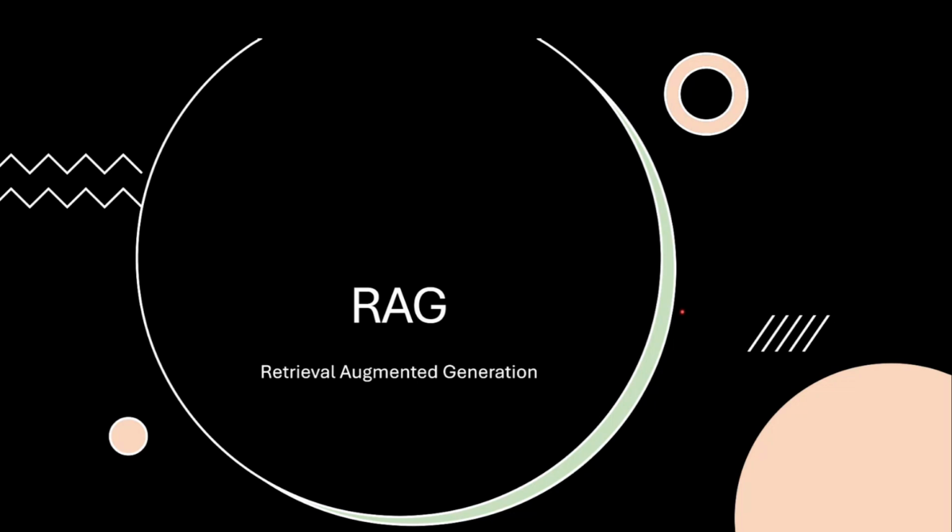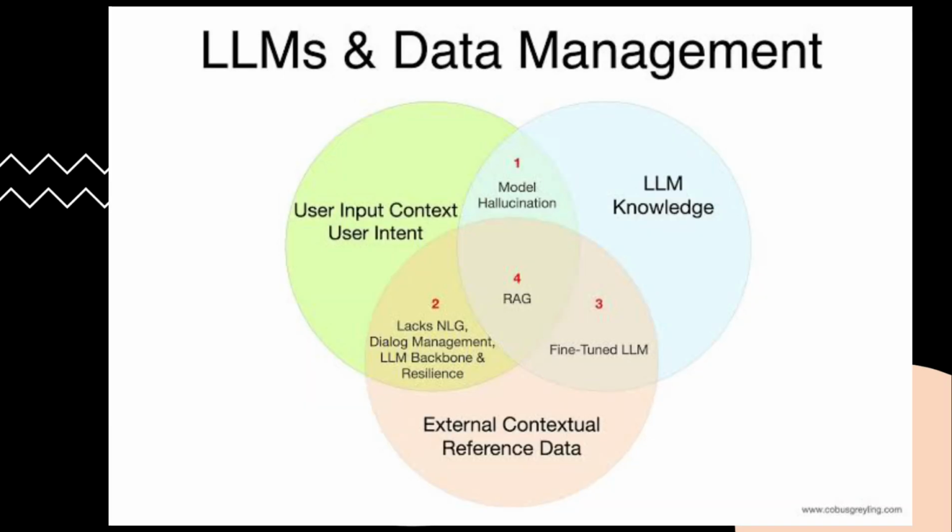So RAG is retrieval augmented generation, and it is the process of optimizing the output of a large language model. It references an authoritative knowledge base outside of its training data source before generating a response. It basically means large language models are trained on a vast volume of data and use billions of parameters to generate original output for tasks like answering questions, translating languages, and completing sentences.